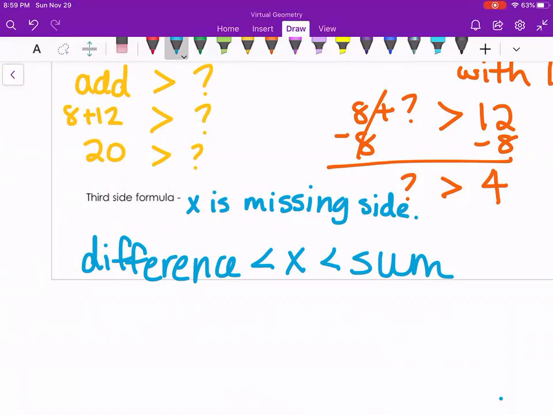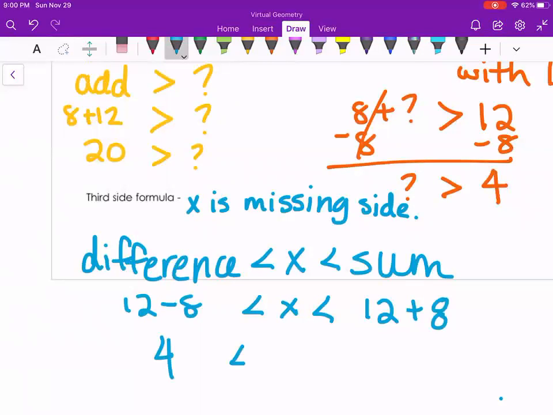So with those exact same two numbers that we have, our difference will do 12 minus 8 is less than x and less than the sum 12 plus 8. So we get the same 4 less than x less than 12 plus 8, which is 20.